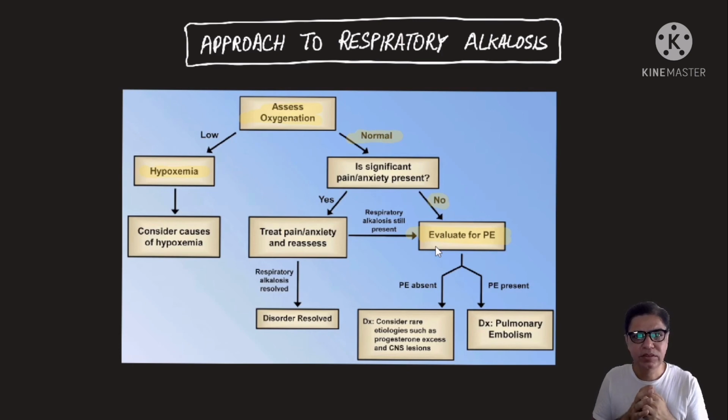Delta gap is your anion gap minus 12, plus the measured bicarbonate level. Normal would be 18 to 30. If it is greater than 30, it means there is another process, an alkalotic process, going on. If it's less than 18, it means a normal anion gap metabolic acidosis on top of a high anion gap metabolic acidosis. This is just to exclude double or triple disorders.